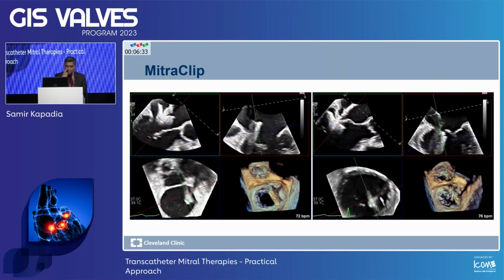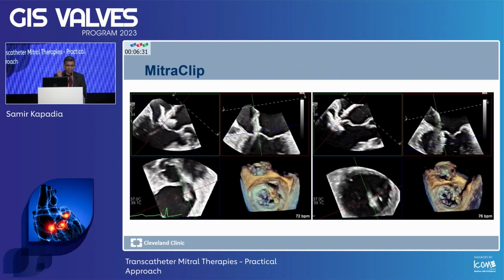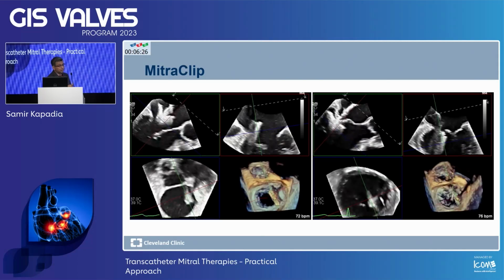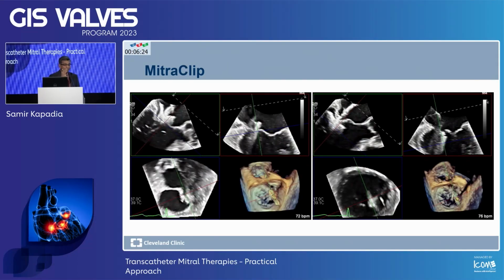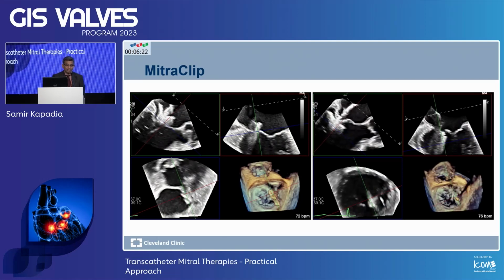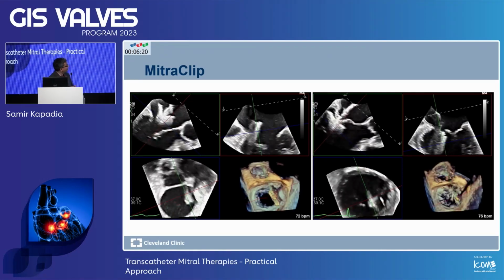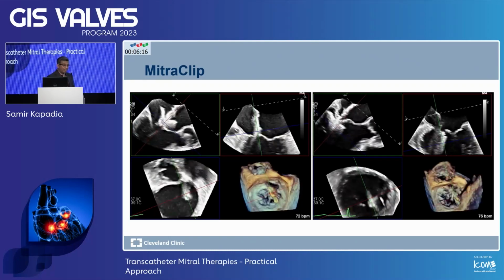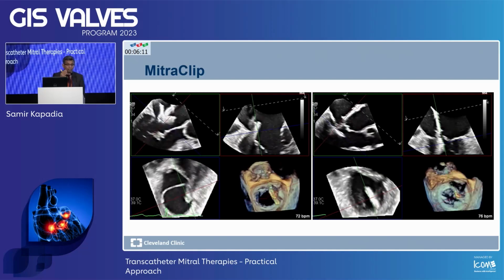When you do the MitraClip, the most important part is that you have to align the MitraClip in a nice way, so that it is perpendicular to the mitral valve. Many times people use a biplane view of the mitral valve, but the biplane has a limitation because it is not aligned to the mitral valve orifice.